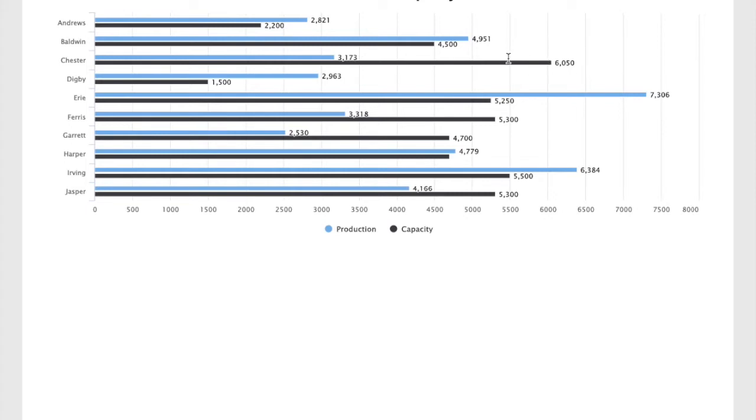Then we have Team Chester, Team Ferris, Team Garrett, and Team Jasper. You really need to focus more on better projection; having your production meet your capacity is the best case scenario.